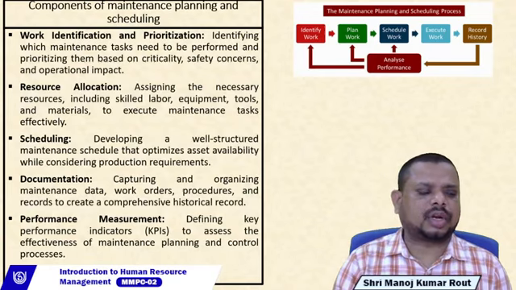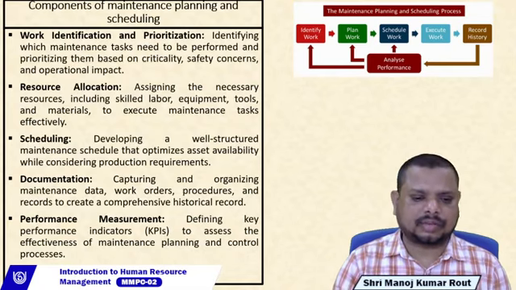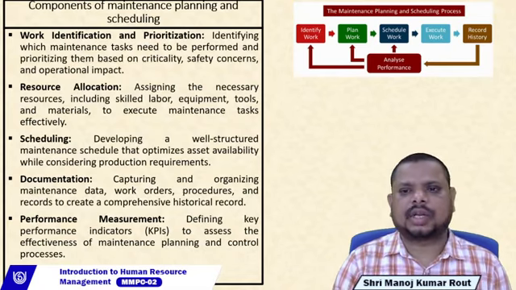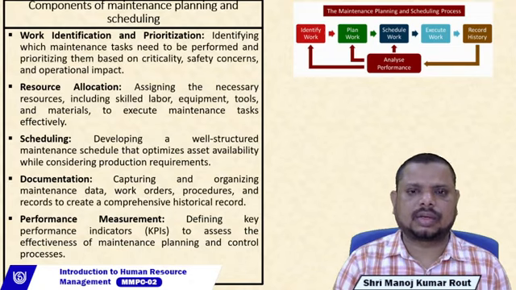The fifth component we have is known as performance measurement. In performance measurement, the maintenance department defines various key performance indicators to assess the effectiveness of the maintenance planning and control process.